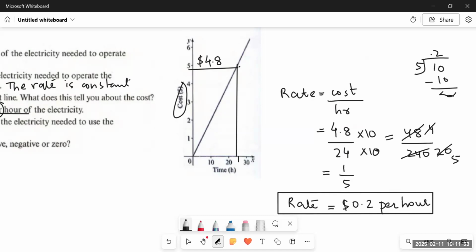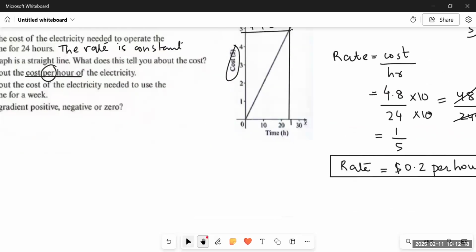And according to this rate, we are going to pay for the number of hours. If we operate the machine for 2 hours, we will pay 0.2 multiplied by 2. If we operate the machine for 10 hours, then we will have to pay 10 multiplied by 0.2. If we operate the machine for n hours, then we will have to pay n multiplied by 0.2. 0.2 is the constant and n is for the time.